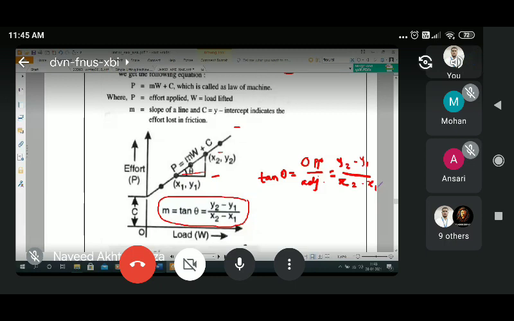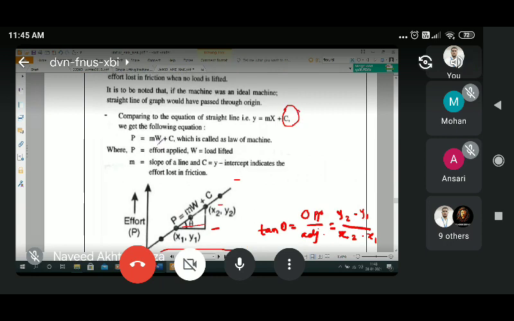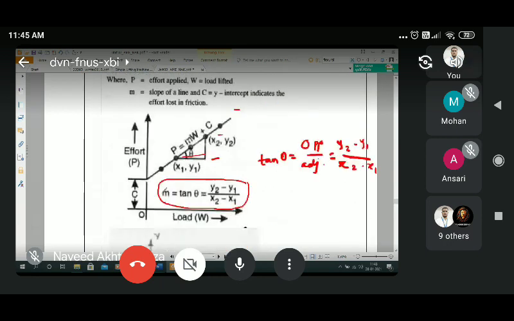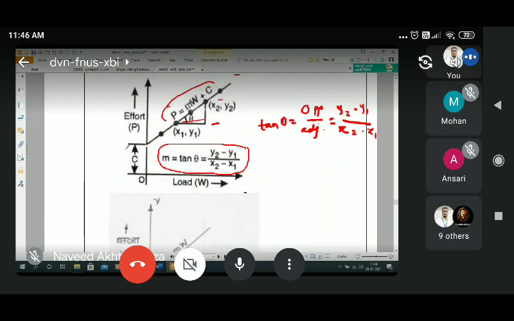So this is nothing but the effort and the load, and the equation P = mW + C is called the law of machine. C is the initial effort, the Y axis is effort, the X axis is the load, and there are 2 points: the initial position of the load and the final position of the load.